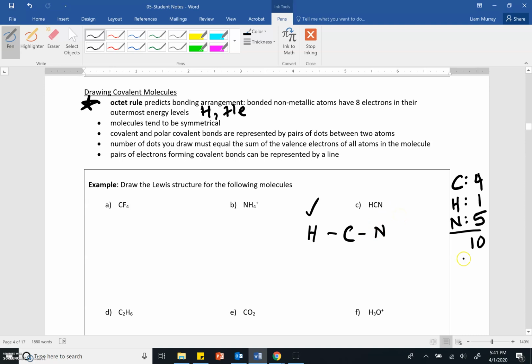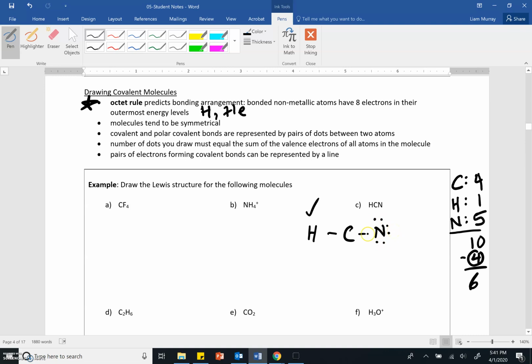So we're going to take our remaining valence electrons, and we're going to work with 6 because we've used 4. We've got 2 bonds that contain a total of 4 electrons, so we have 6 left to work with. So we're going to put these remaining 6 around our nitrogen.